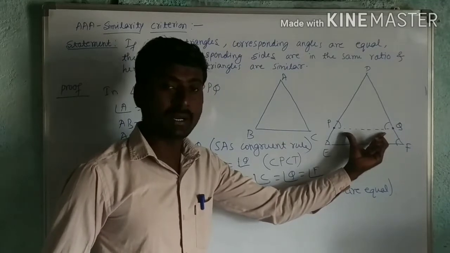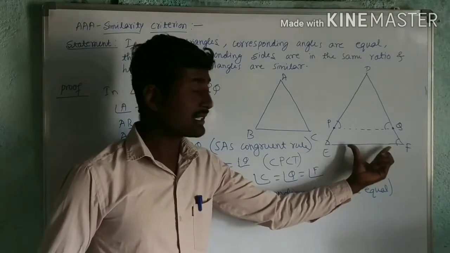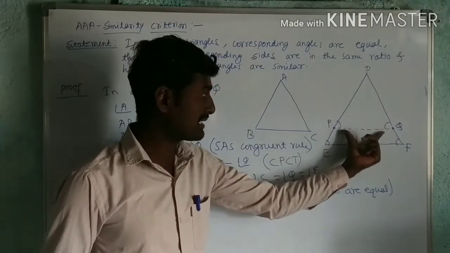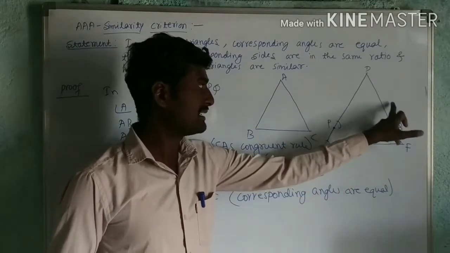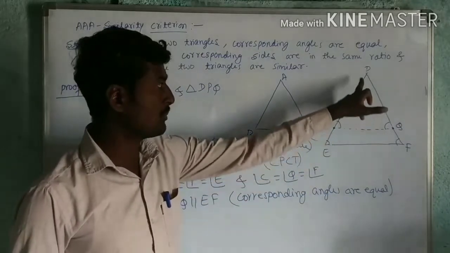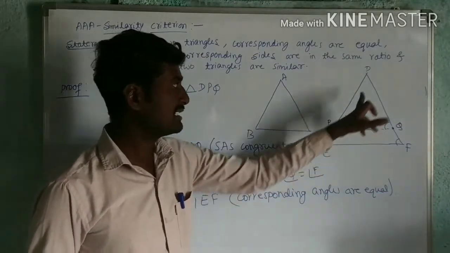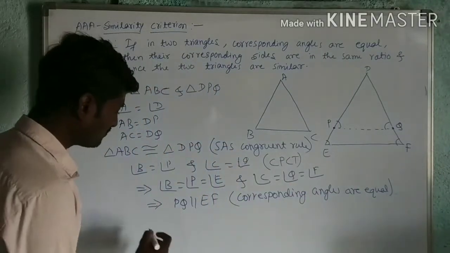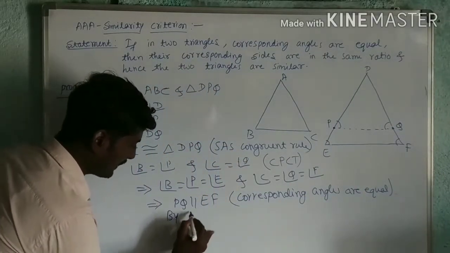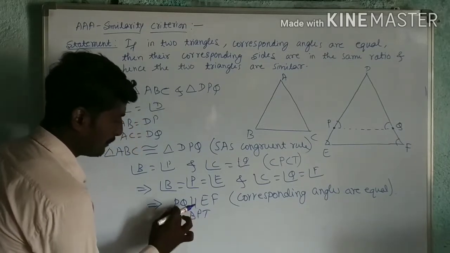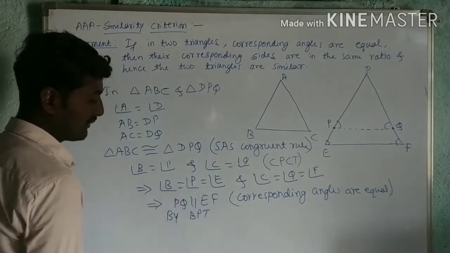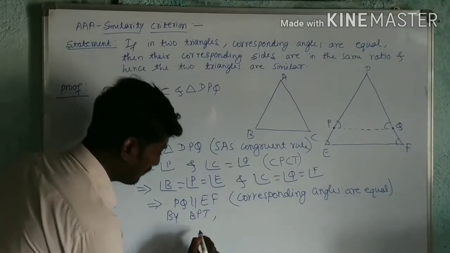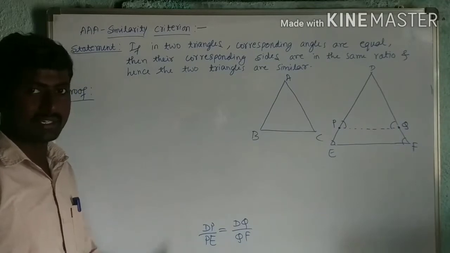If a line is drawn parallel to one side of a triangle intersecting the other two sides in distinct points, it divides the other two sides in the same ratio. That is by BPT.